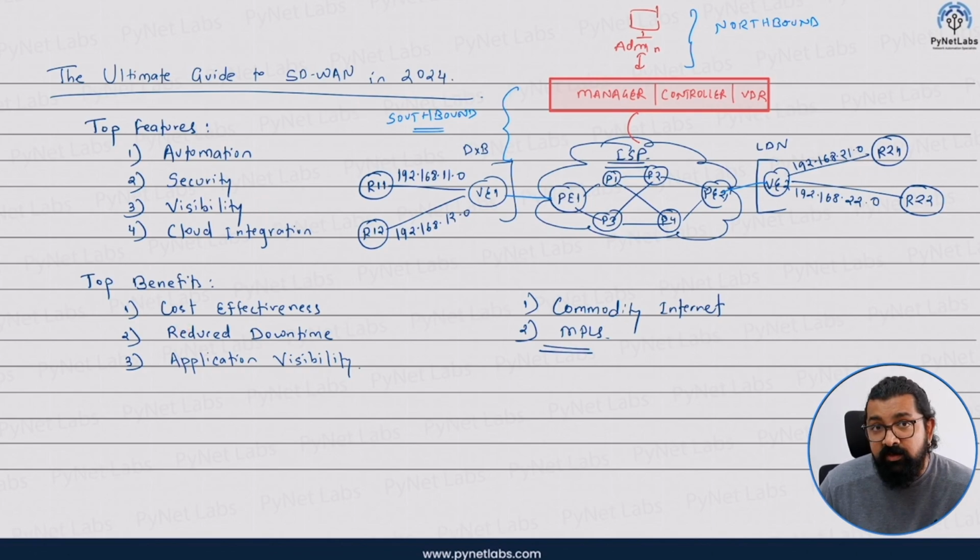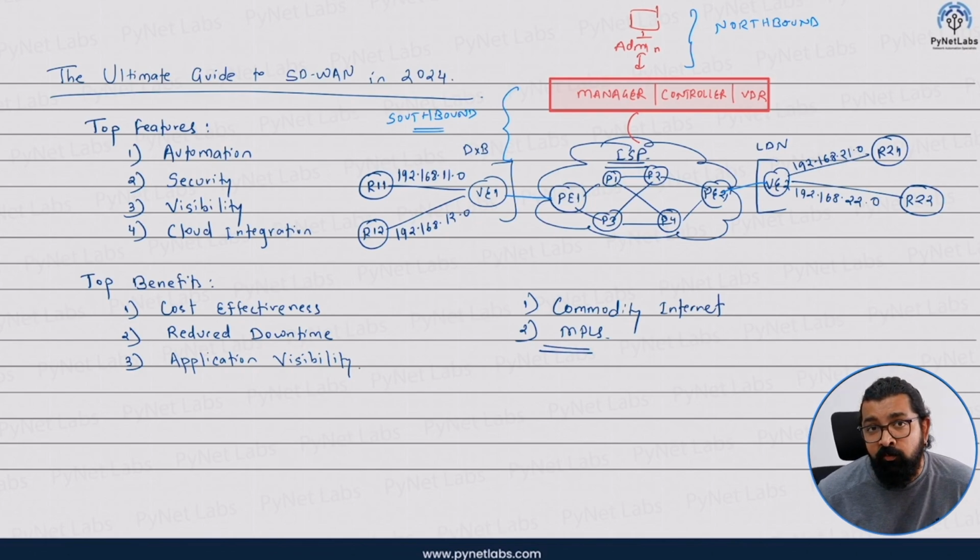And then because of the virtualization capabilities, you can also deploy your controllers on the cloud or on the premises, right? So that also provides you flexibility of how your infrastructure needs to be deployed.